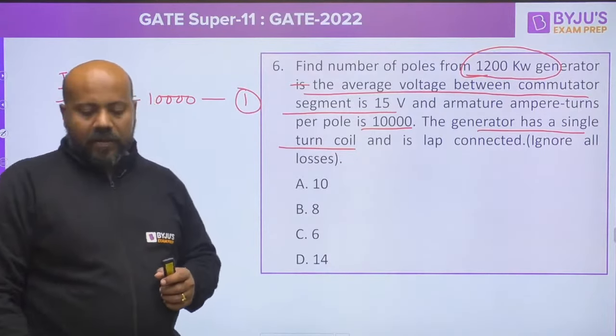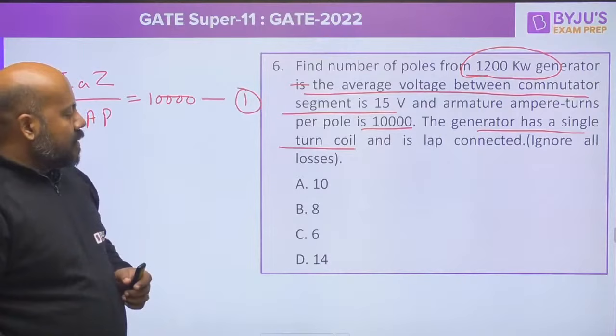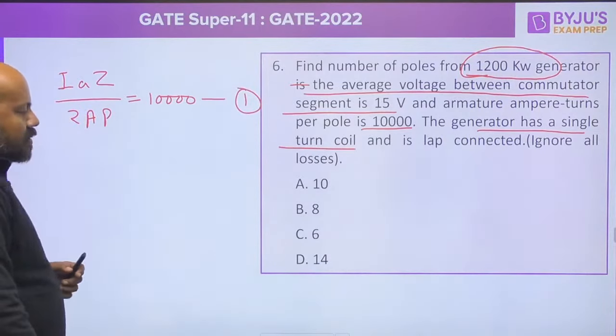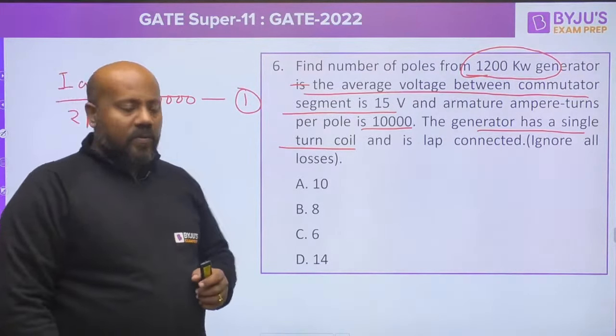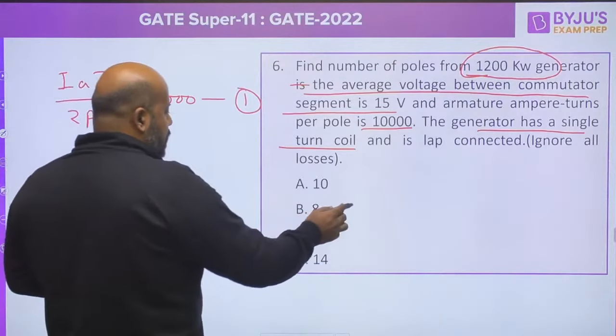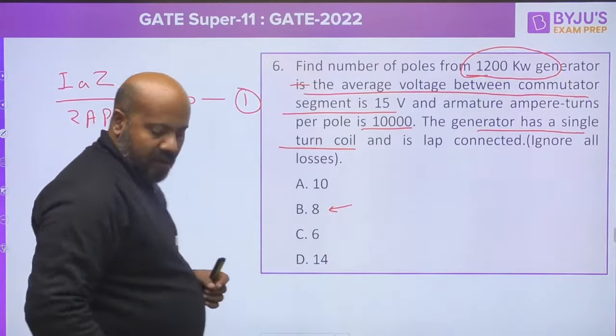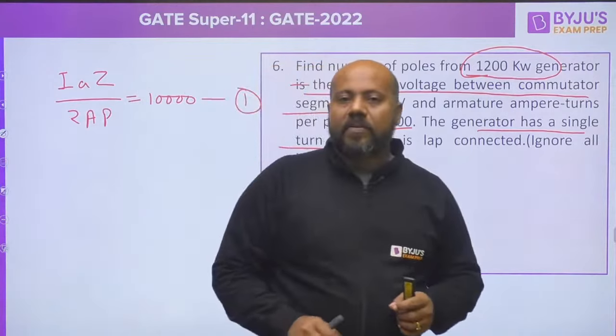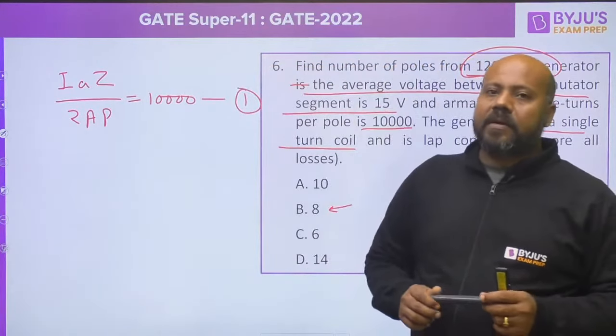Everybody tell me in the comment section. Yes, I hope you must be getting around 8 poles. Just check it. If I remember correctly, you must be getting the number of poles as 8.